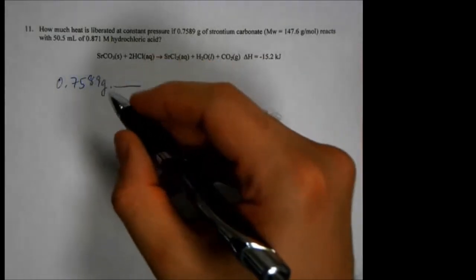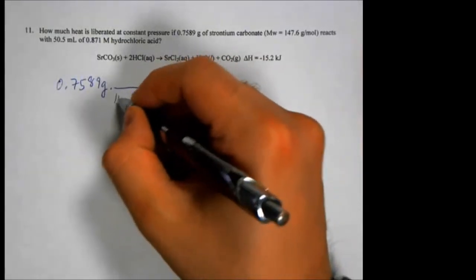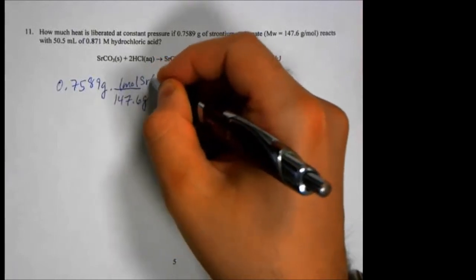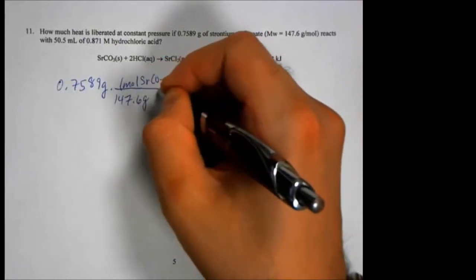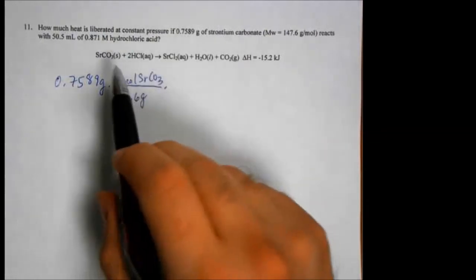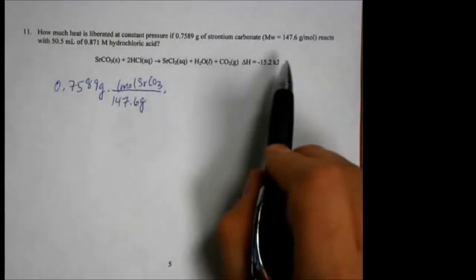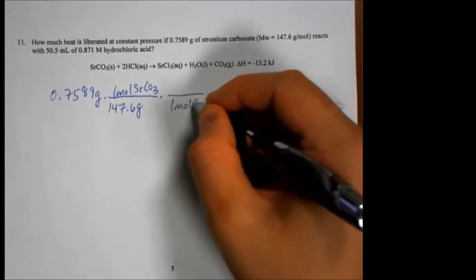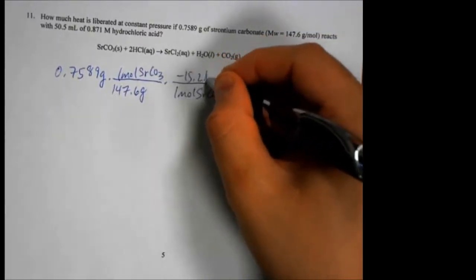So we can divide this by 147.6 grams for every 1 mole of the SrCO3. And then we know that for every 1 mole of strontium carbonate we get minus 15.2 kilojoules.